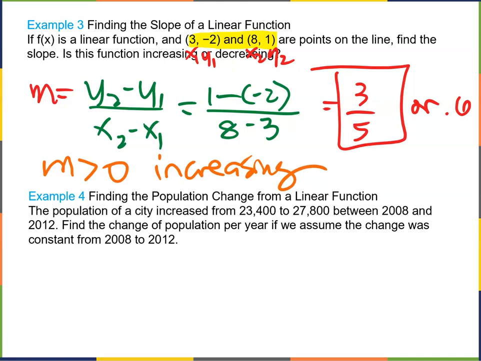Okay. Example number 4. The population of a city increased from 23,400 to 27,800 between 2008 and 2012. Find the change of population per year if we assume the change was constant from 2008 to 2012.